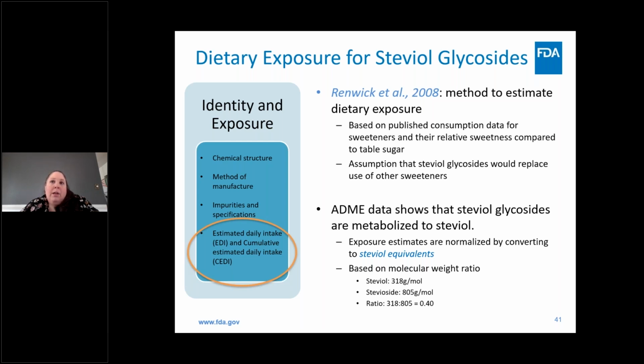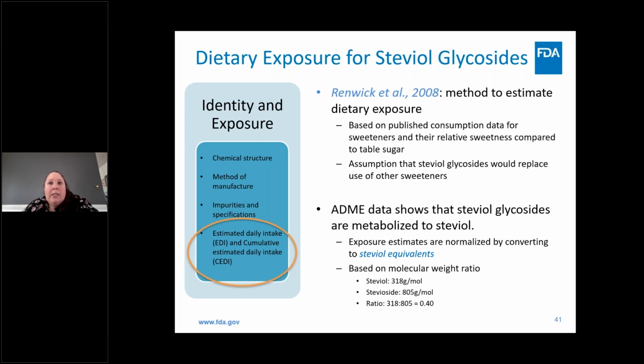And their method is based on published consumption data, and it takes into account that sweeteners are inherently hundreds of times sweeter than sucrose. So you need lower amounts of your sweetener to be added to foods to achieve that same level of sweetness. And a critical assumption that they use is that a sweetener would replace the use of either sugar or another sweetener in the food.